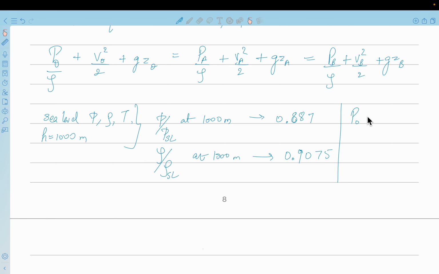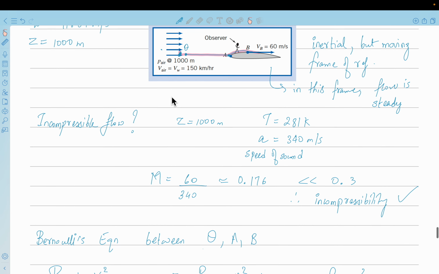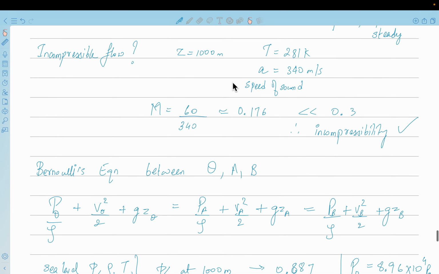So P0 is equal to 8.96 into 10 to the power 4 Pascal, and density is 1.12 kg per meter cube. Okay, so this is what we have in the free stream, that is over here.